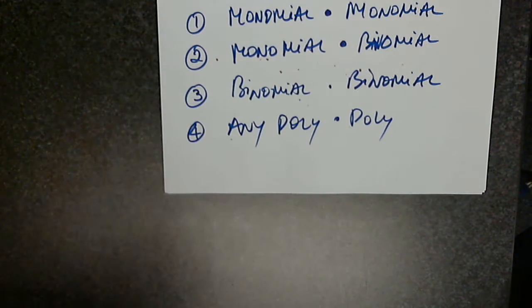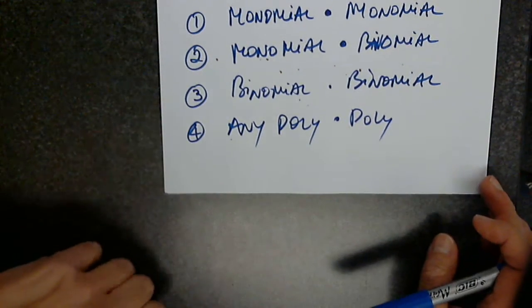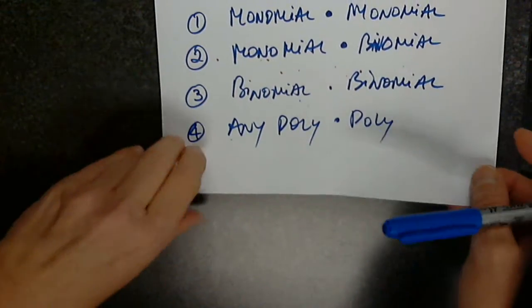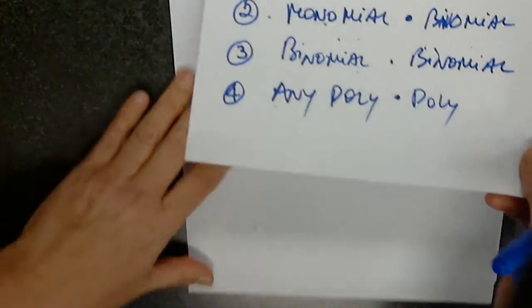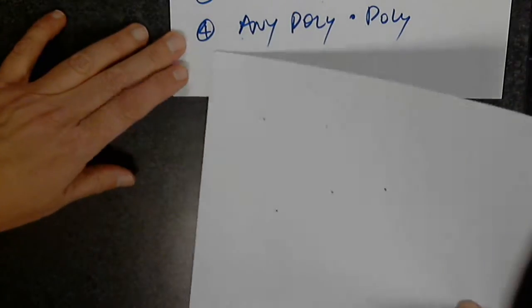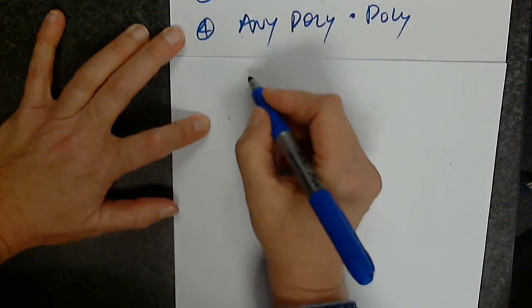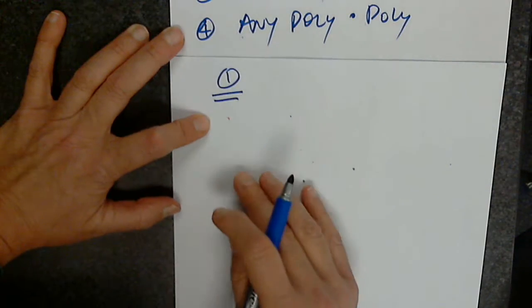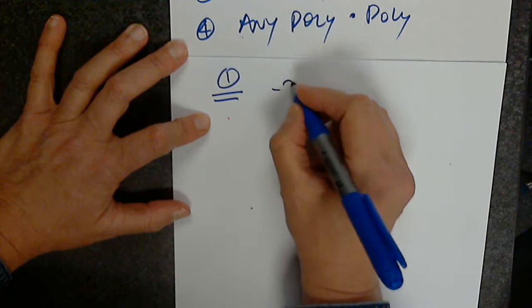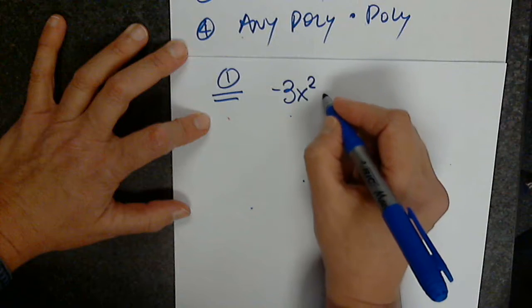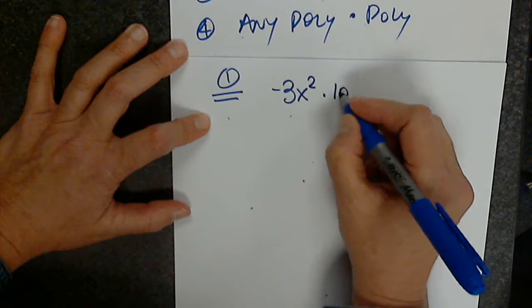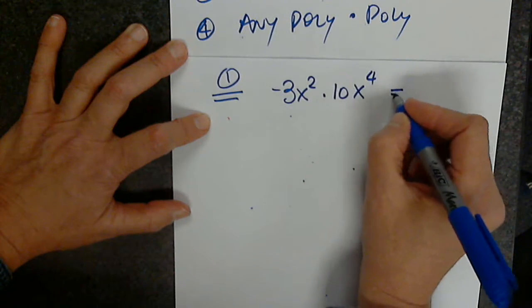So we start by multiplying two monomials, which we already did, but you didn't know they were called monomials then. So let's choose another couple of examples and then move on. So situation number 1, monomial times a monomial. Let's say negative 3x squared multiplied by 10x to the 4th power.